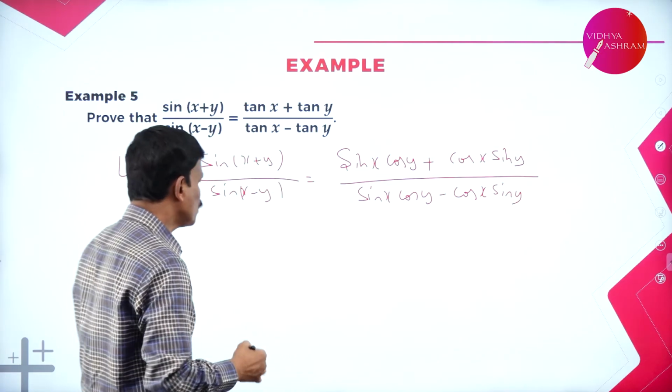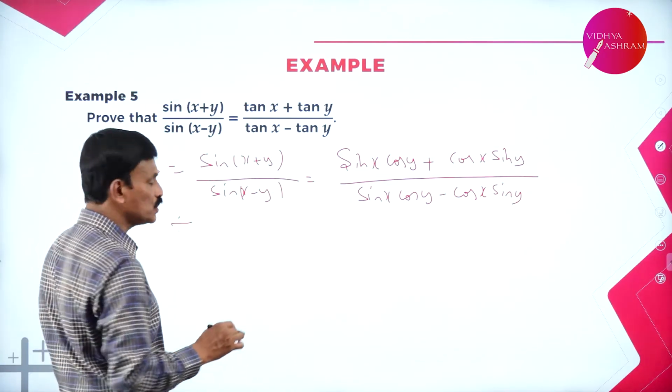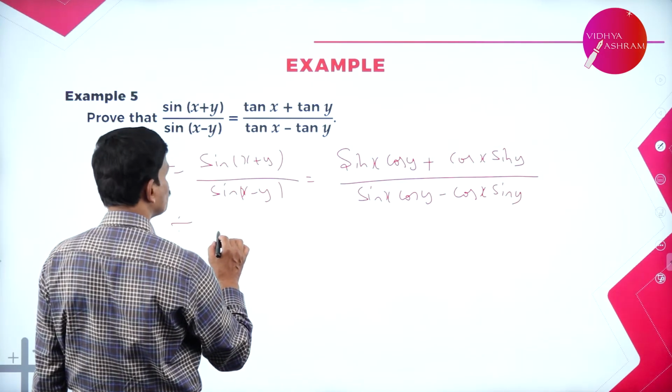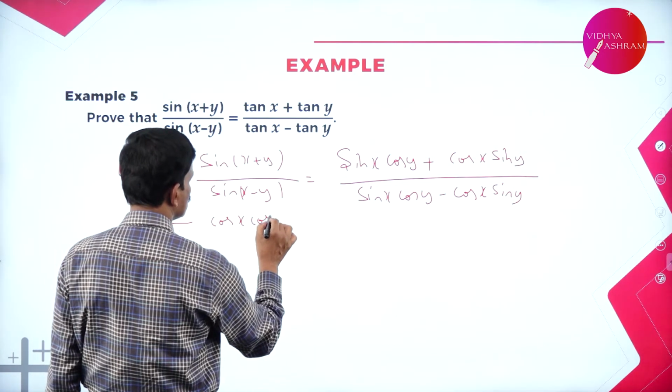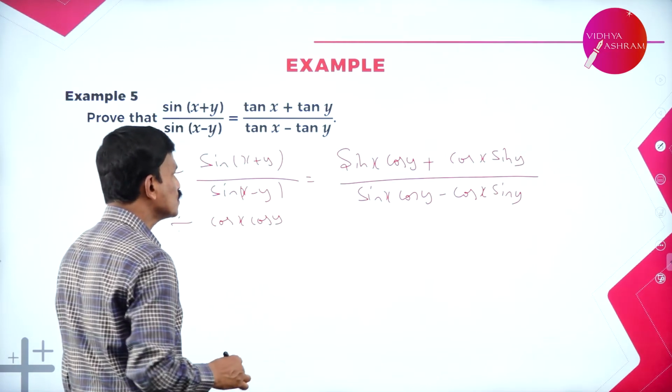Now let us divide both numerator and denominator, term by term, by cos x cos y. Term by term division. So what happens?